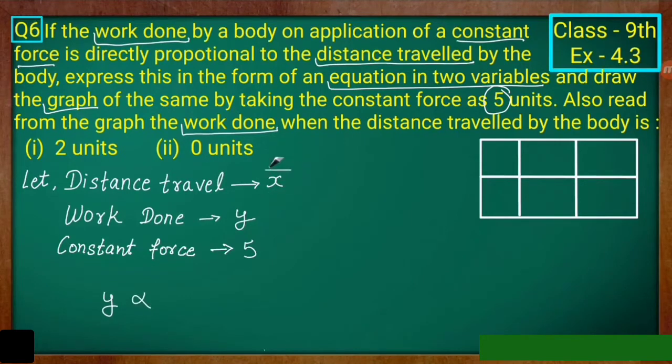So as we all know, work is directly proportional to the distance. y is directly proportional to x. So constant force is 5 here, so y equal to 5x. Now this is the condition.